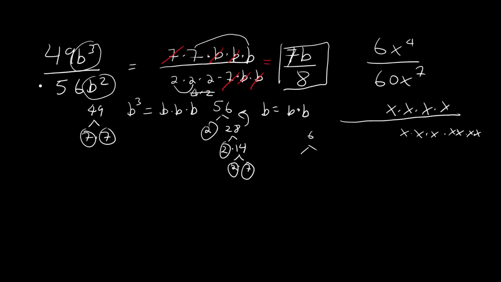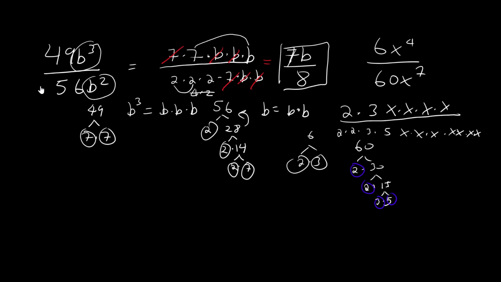So we'll have 2 times 3. These are the prime numbers we need on the numerator. Now let's factor 60. We'll have 2 times 30. Now I can factor 30, 2 times 15, and I can factor 15, 3 times 5. These are our prime numbers. 2 times 2 times 3 times 5.